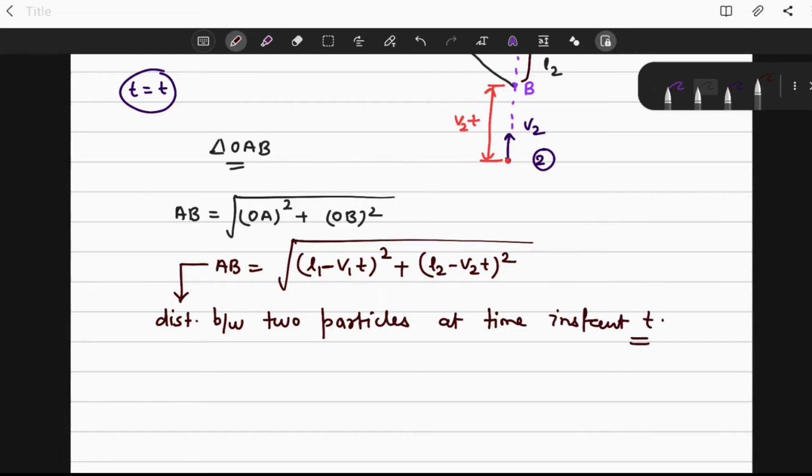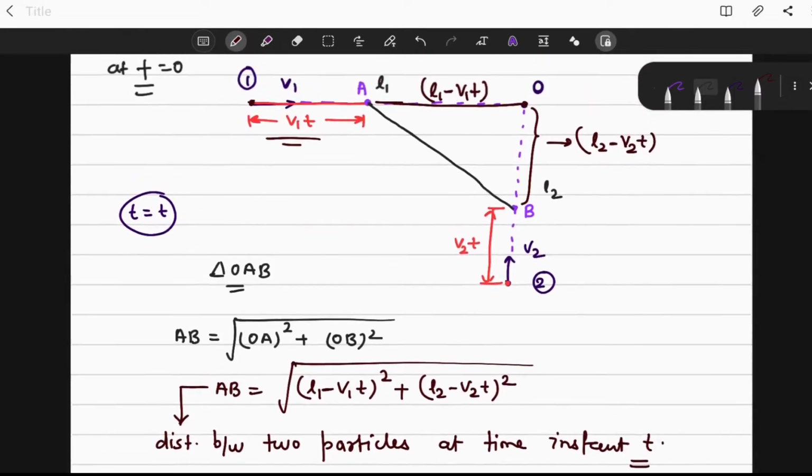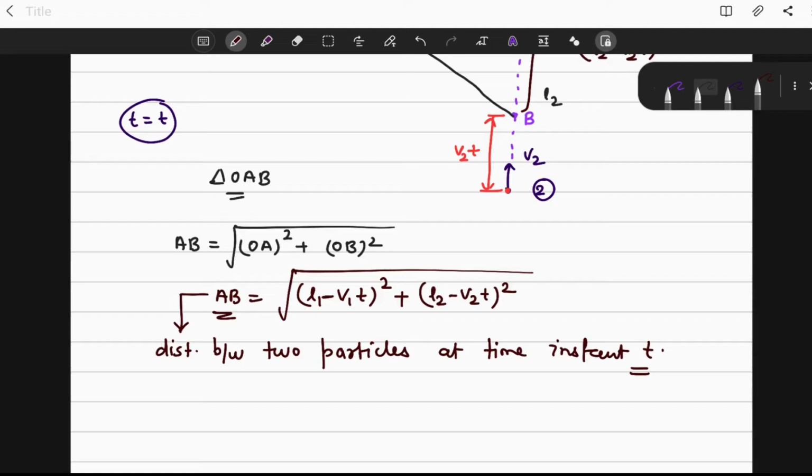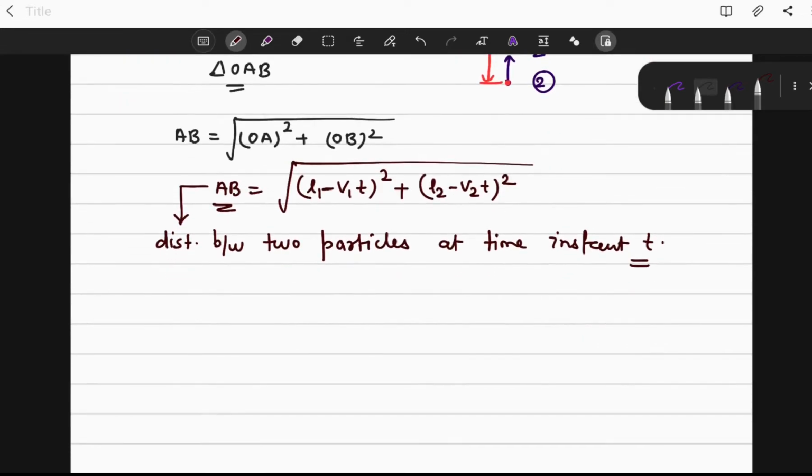t. Now in order to find the time at which this distance will be smallest, we can differentiate the expression of AB and equate it to 0, and from that we can find the time for which the distance will be the smallest.